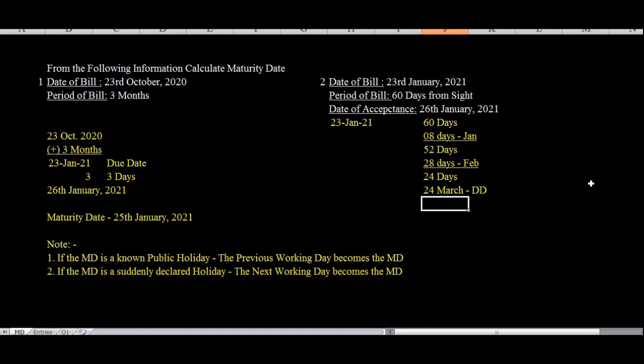To this, obviously we will add 3 days of grace, and now we get 27th March 2021, and this becomes our maturity date. 27th March is our maturity date.